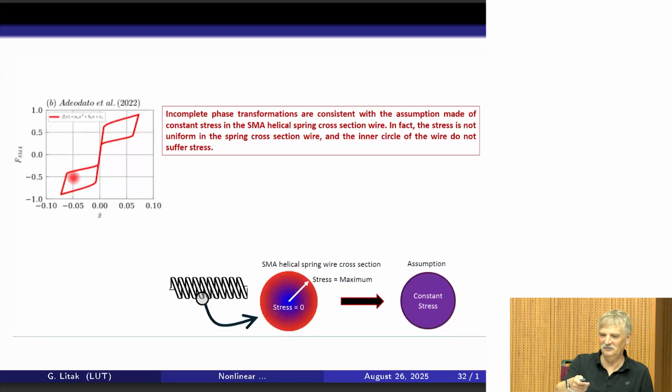And this is the diagram, the displacement and force. So you have such a diagram with hysteresis, force and displacement.